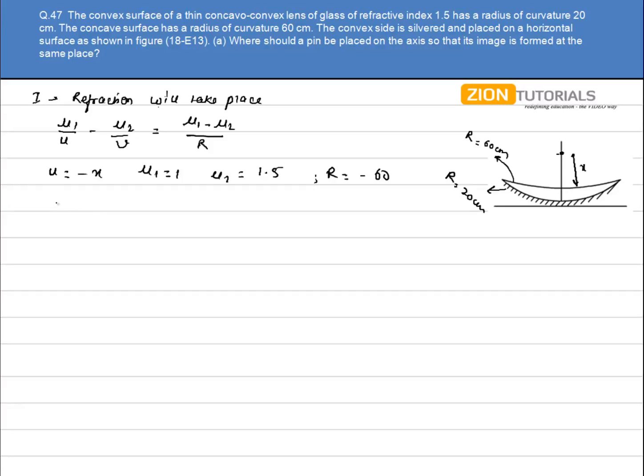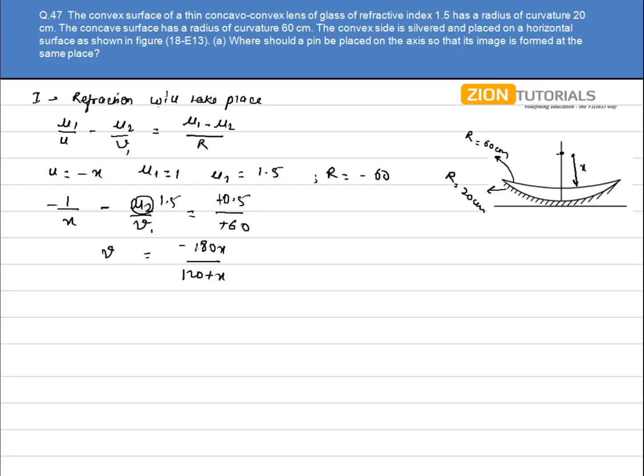So substituted, I have mu1 as 1 by minus x minus mu2 by v is equal to mu1 minus mu2, that is minus 0.5, by minus 60. So the value of mu2 is again 1.5, I should substitute over here. So on solving this, I get the value of v as minus 180x by 120 plus x.